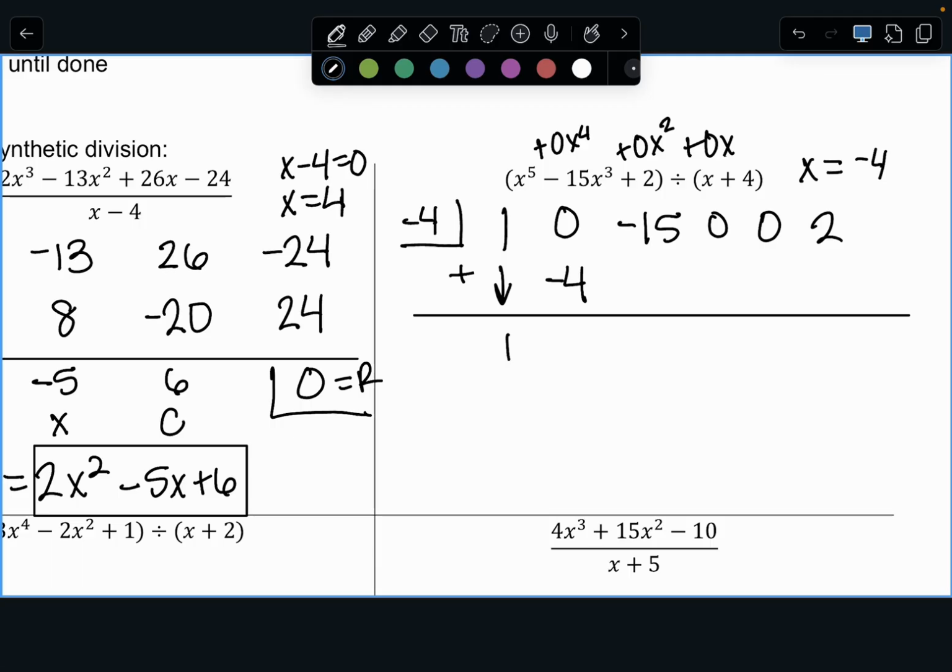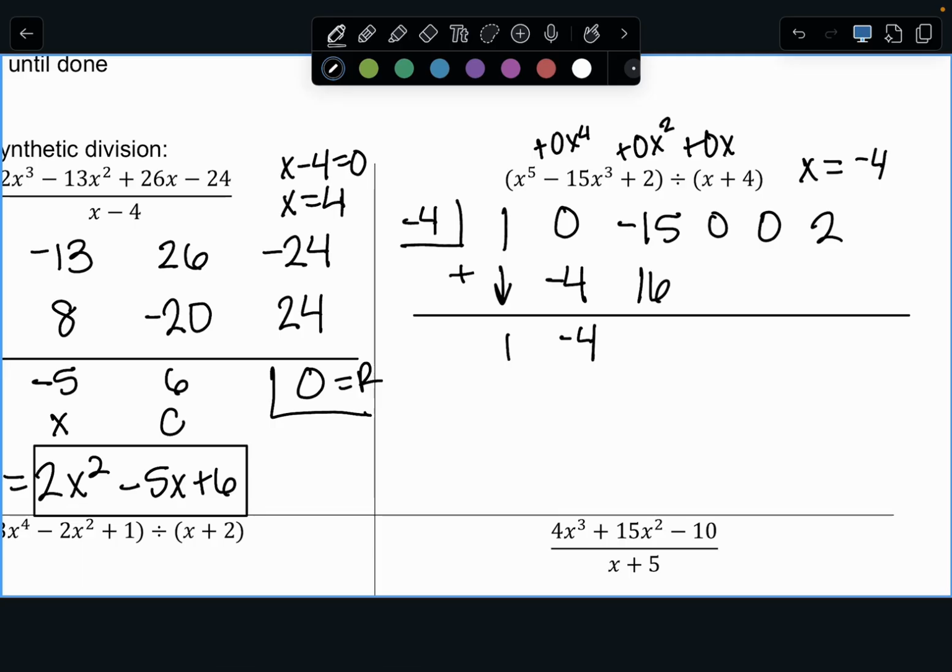Then we add 0 plus negative 4? Negative 4. Same thing, that's the end of round 2, really. We take negative 4 times negative 4, 16. We stick it in the next column.